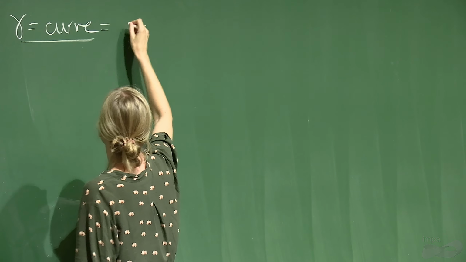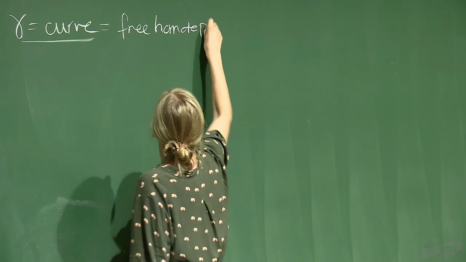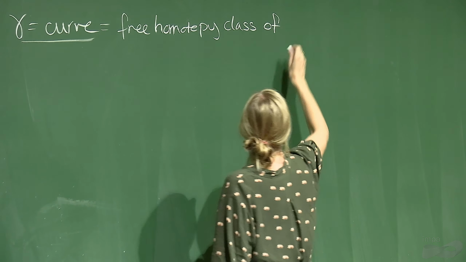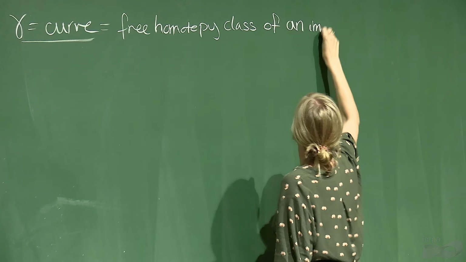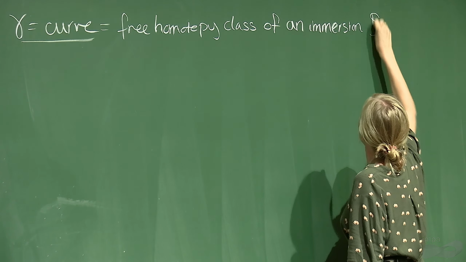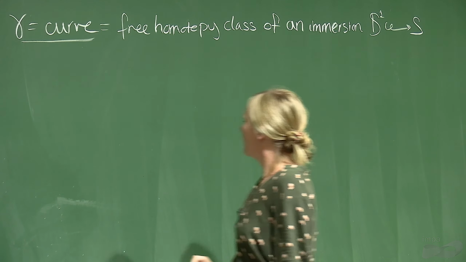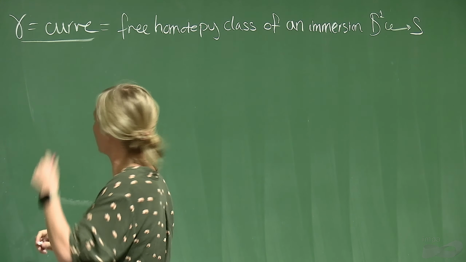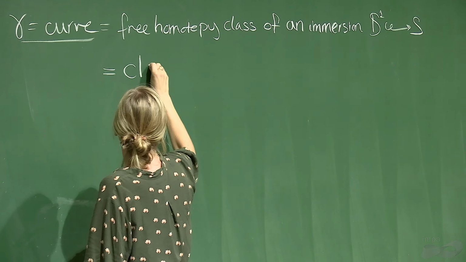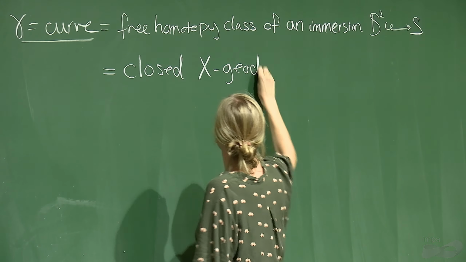And what I mean is either a free homotopy class of an immersion of the unit circle into the surface, but if you take a hyperbolic metric X on it, this is a one-to-one correspondence to a closed geodesic.